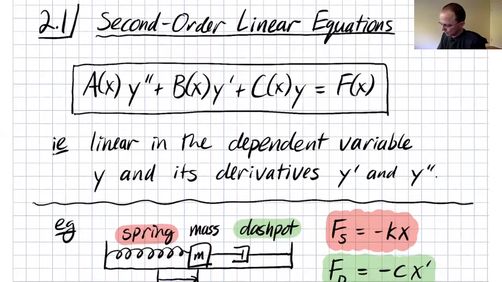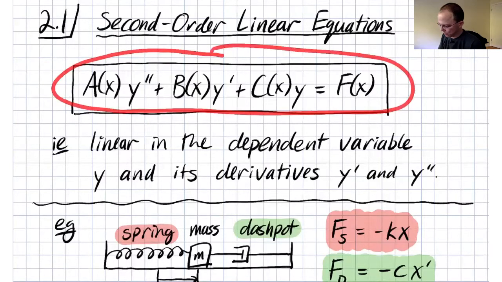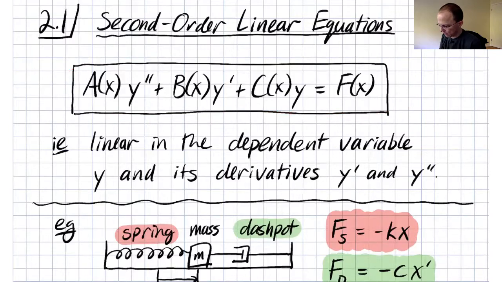So this is a general form of a second order linear differential equation. You see that it's linear in the dependent variable, which is y. So y is the dependent variable. This equation is linear in y and in the derivatives of y, so y prime and y double prime.